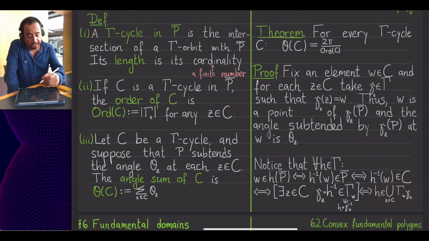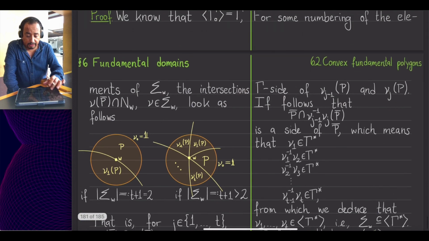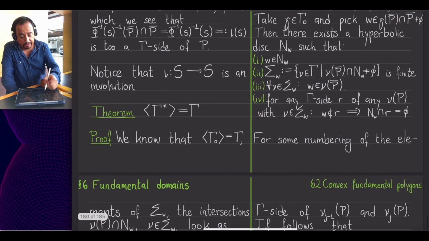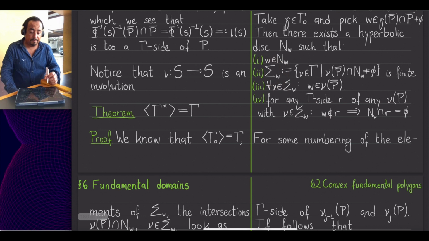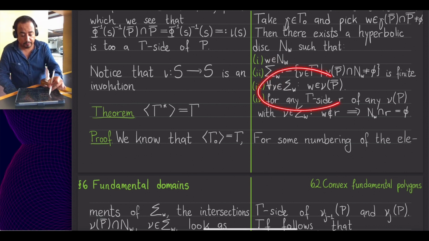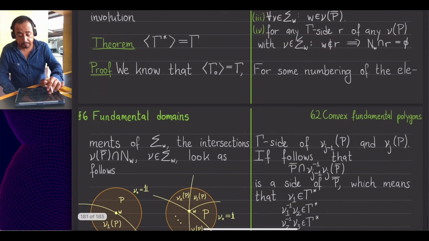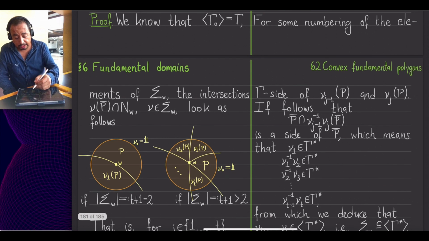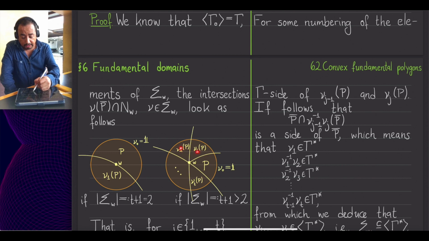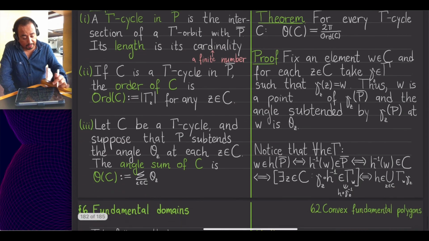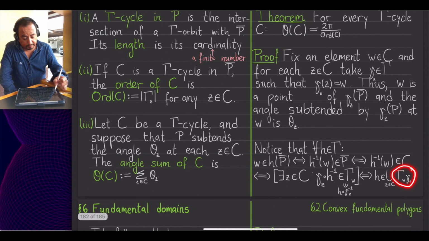Okay, and the thing is, a moment of thought tells you that those are the elements here in this sigma W. So it's the angles appearing here that are given by these cosets.